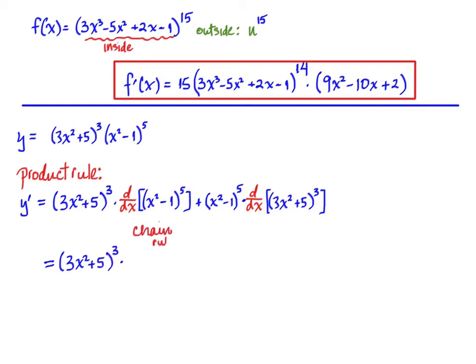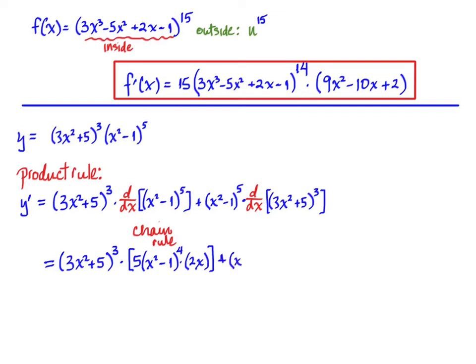So using the chain rule on the second, notice we have a power. We have something to the fifth. So bring down that exponent, leave the inside alone, and reduce the exponent by 1. That's the derivative of the outside with respect to the inside. And then we multiply by the derivative of the inside.